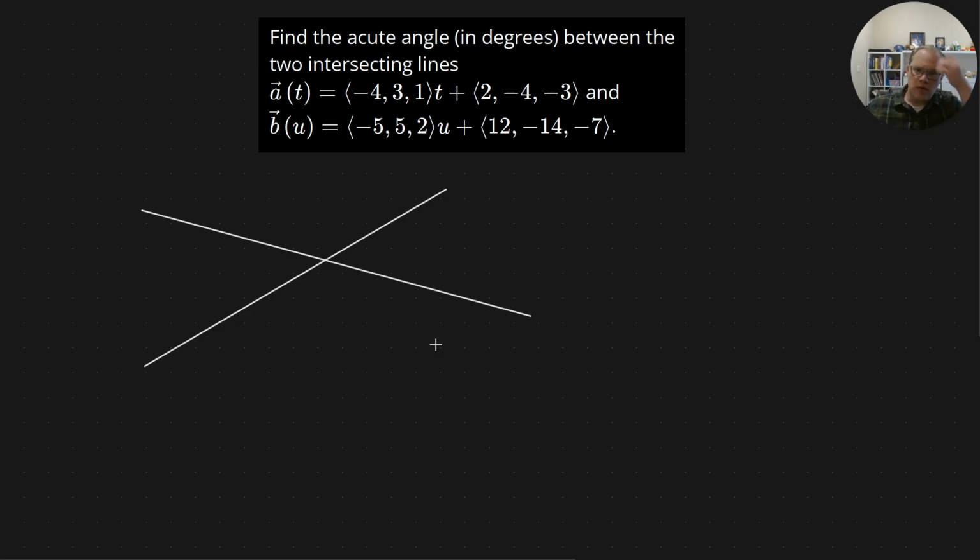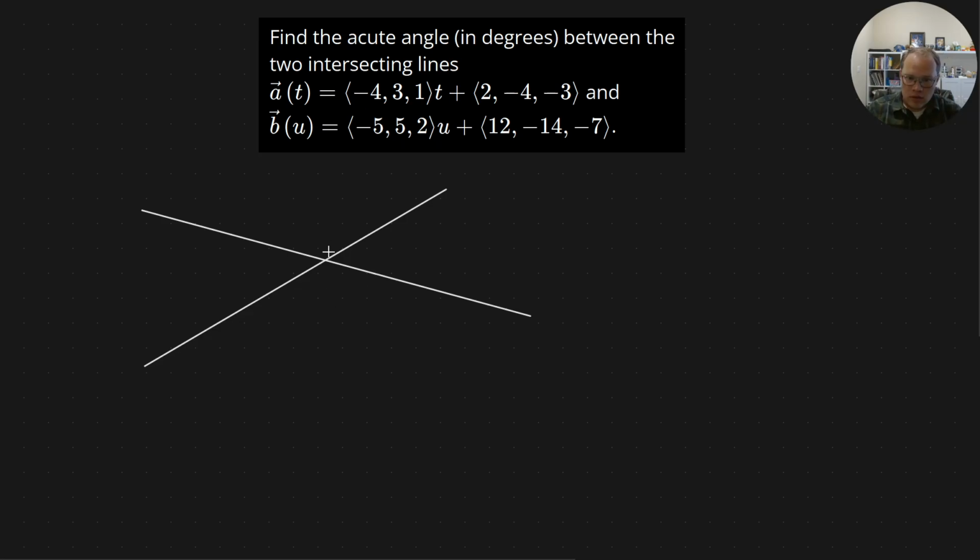So how are we going to do this? Turns out this is fairly straightforward using vector math. Both these lines, rather, have a direction vector. It's the vector that is being multiplied by the parameter.